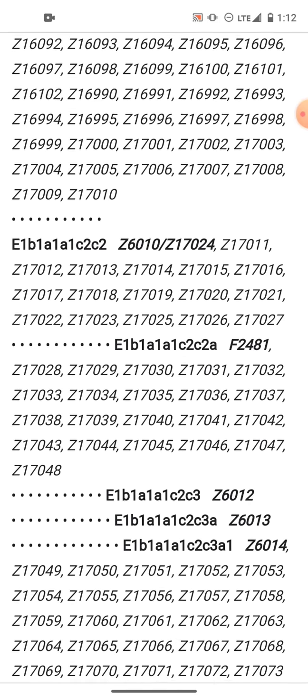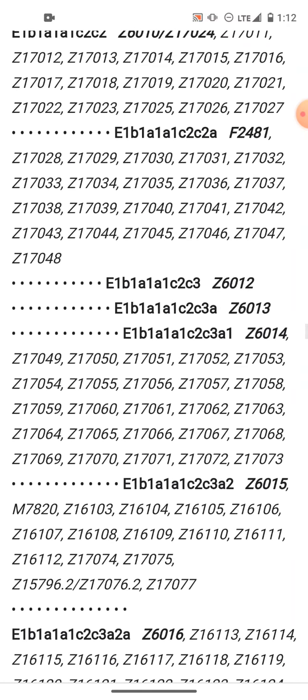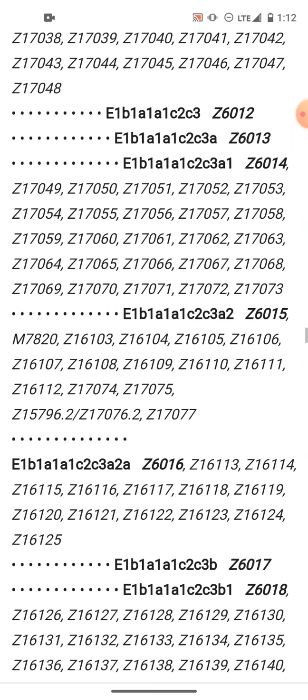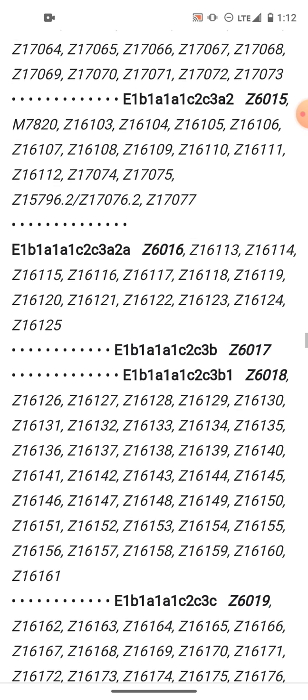So these are all the defining mutations.